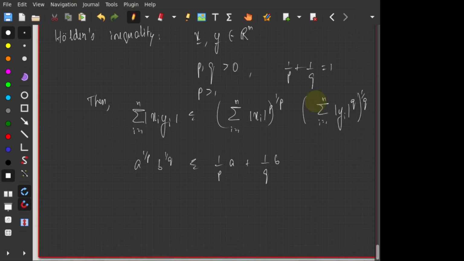So maybe let's start with the easier case where P and Q are half. That just comes down to Cauchy-Schwarz. The left hand side is just the inner product. The right hand side is just the norms: the 2 norm of x times the 2 norm of y.